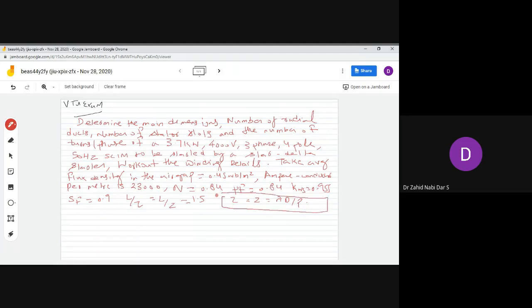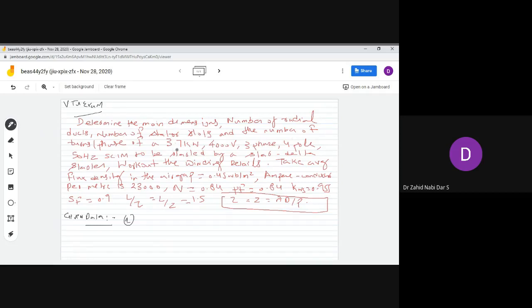Okay, so first of all, we have to go about this question. So main dimensions, what it is asking us to find. First we'll write the given data. If you look at the problem, first you have to determine the main dimension, the number of stator slots, the number of turns per phase.